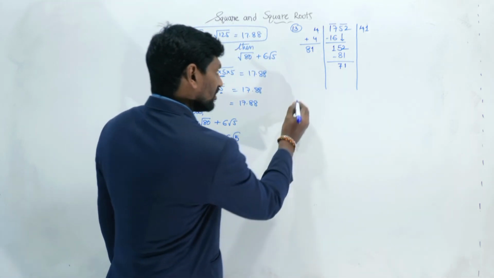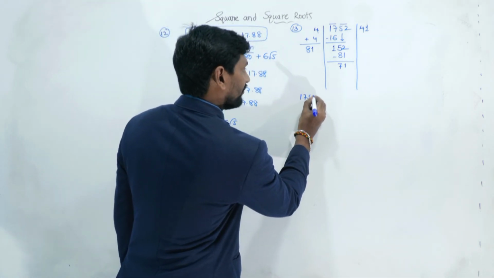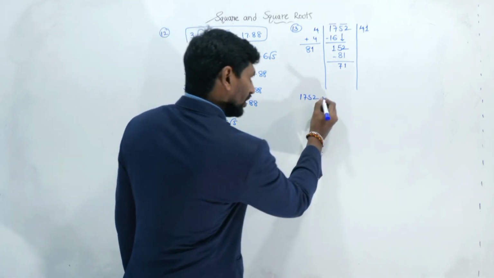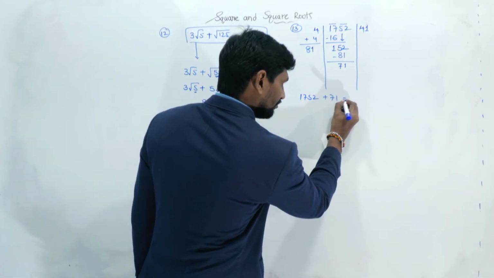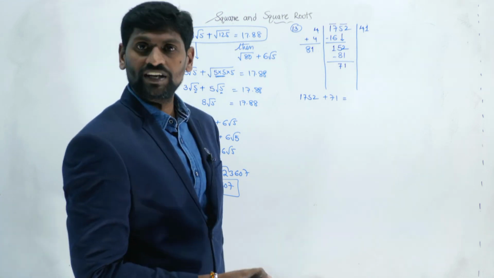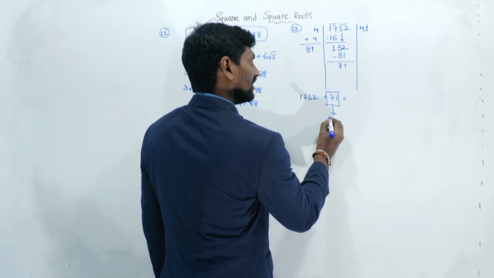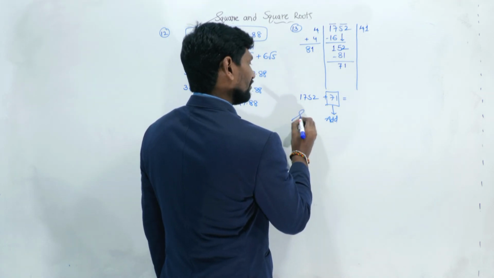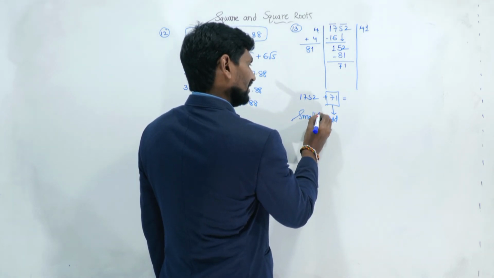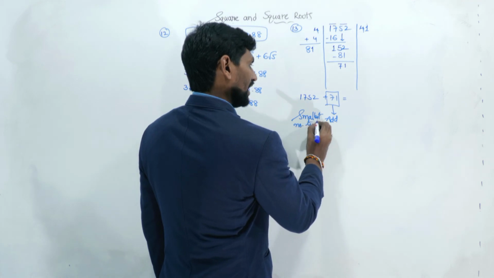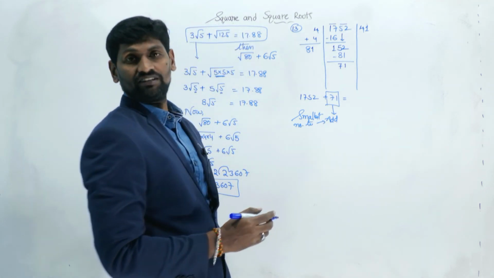That means if you add 71 to 1752, it will be a square number. Therefore the smallest number here is 71?